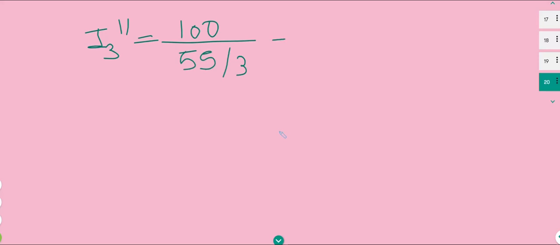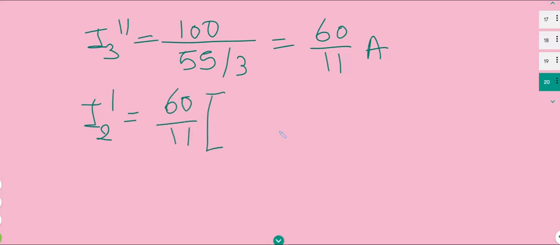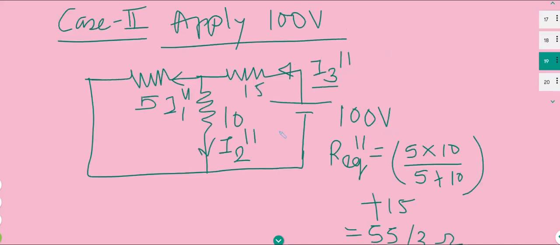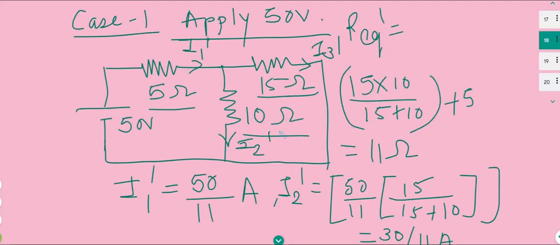So here we have 60 by 11 ampere. And we want I2 double dash, which is equal to the total current, 60 divided by 11, multiplied by the resistance of the opposite branch divided by the total resistance. So you will get 20 by 11 ampere. So this is the answer in the second case, 20 by 11 ampere. In the first case we have got 30 by 11.